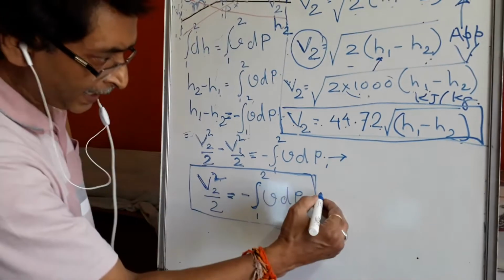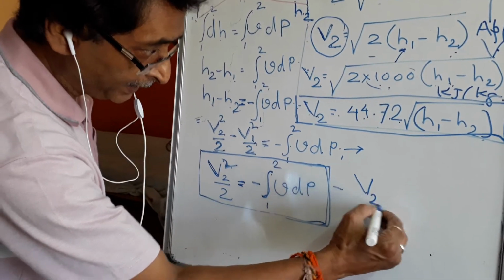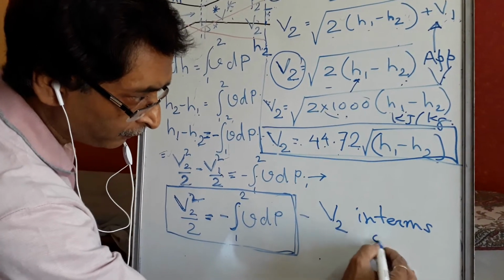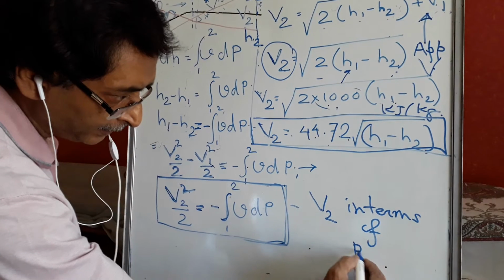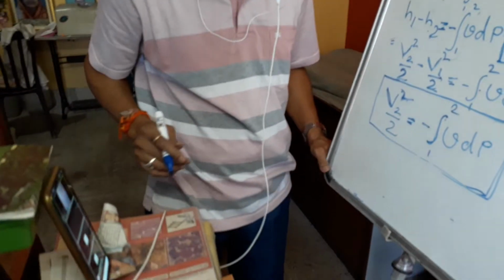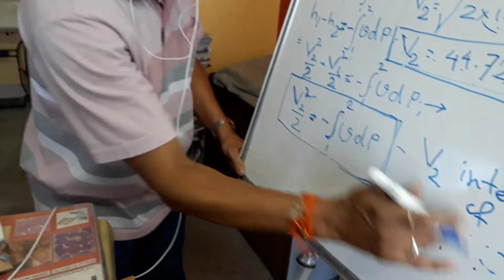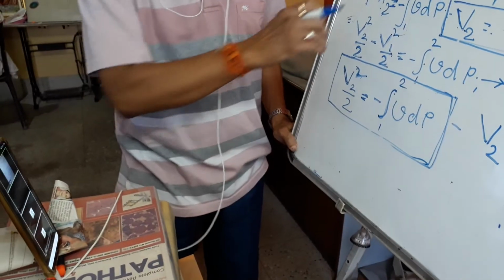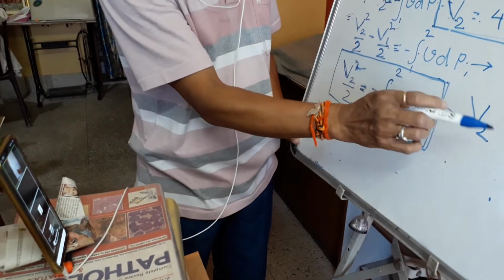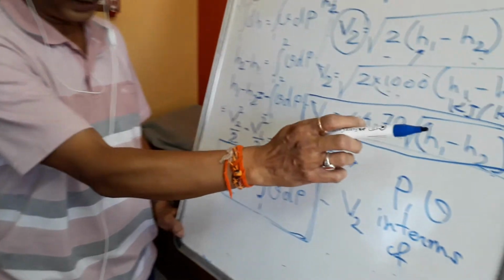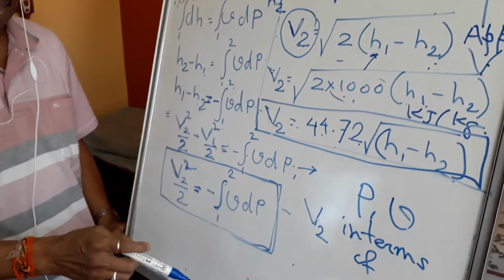Because now I am interested to find V2 in terms of pressure and volume, not in terms of enthalpies H1 and H2.